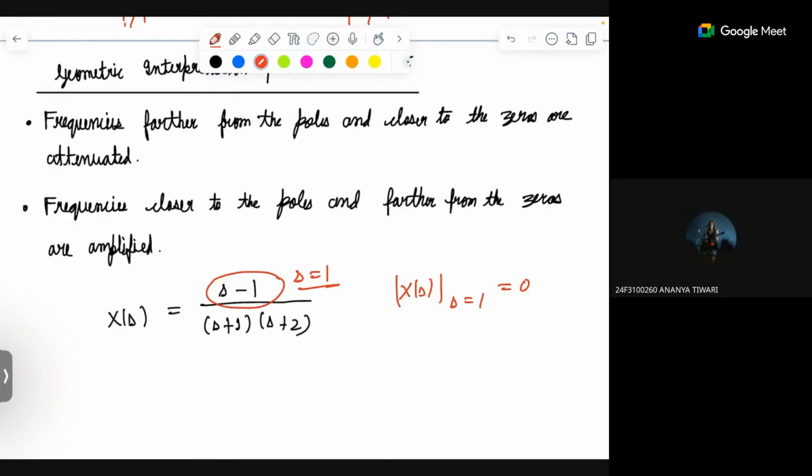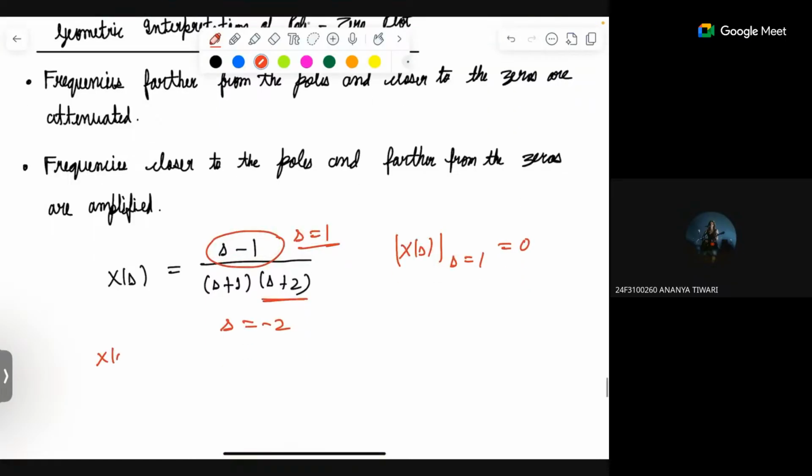And let us take a pole. So let us take this pole s equal to -2. If I put s equal to -2, what will be the amplitude of X of s? Undefined. It will go to infinity. So what we can see is zeros drive my amplitude towards 0, while poles drive my amplitude towards infinity.